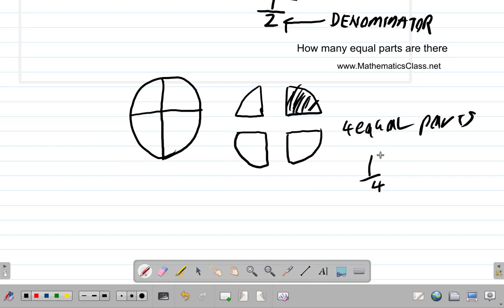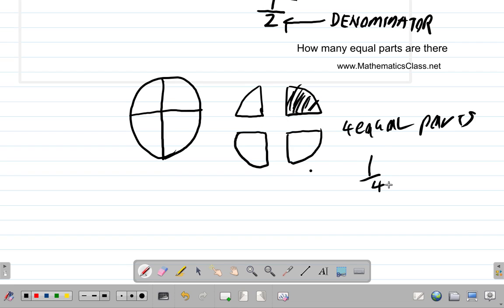Numerator 1. How many I want to eat? Denominator 4. How many are there? So the numerator is how many you choose. Denominator is how many of those equal parts are available. So you choose the numerator out of the denominator. Alright.